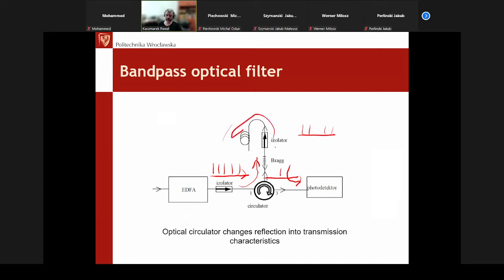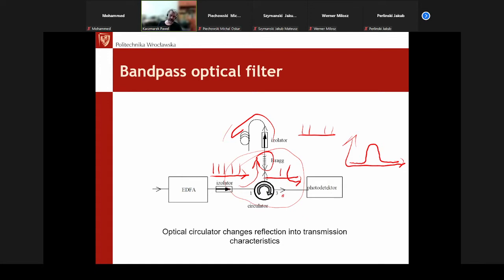So using the circulator and Bragg grating together allows us to change this reflectivity characteristic into a transmission characteristic. From the third port of the circulator, we will see the transmittance characteristic looking more or less like that. So this reflective characteristic of the Bragg grating will turn into a transmission characteristic if we observe the signal on the third port.